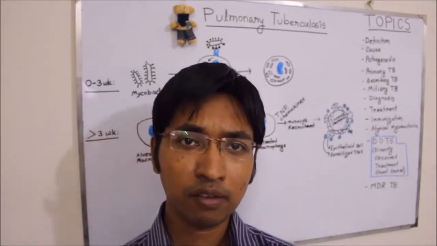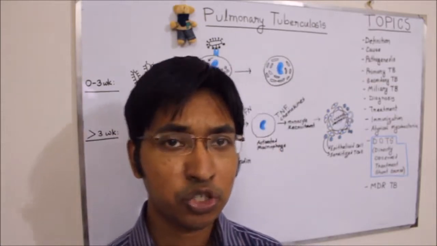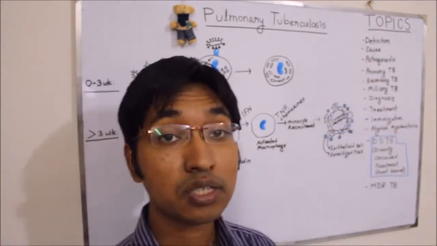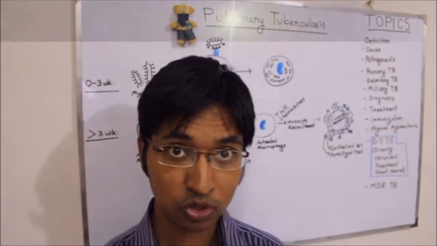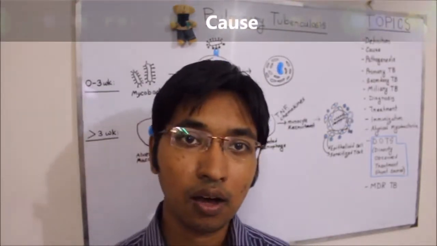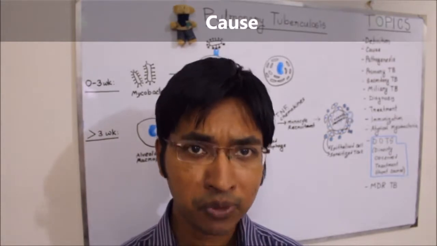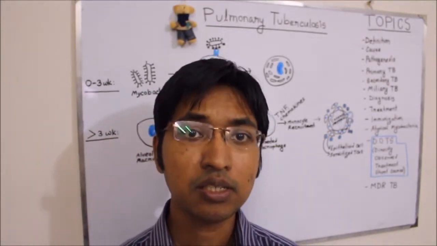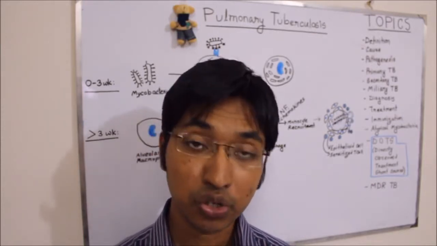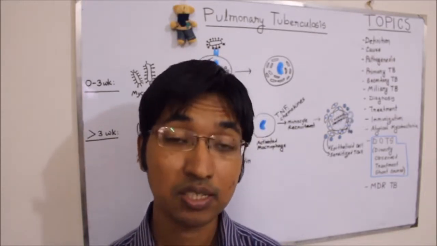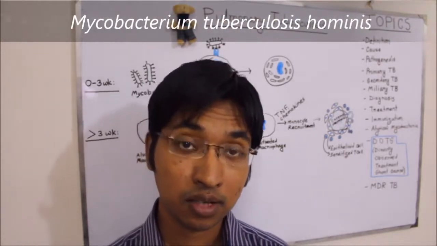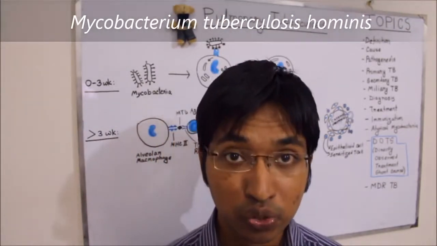So now that we have defined pulmonary tuberculosis, we will move on to the next point and discuss its causes. So I have already mentioned the cause. Pulmonary tuberculosis is caused by the bacteria, that is Mycobacterium tuberculosis hominis. That is the most common strain that can cause pulmonary tuberculosis.